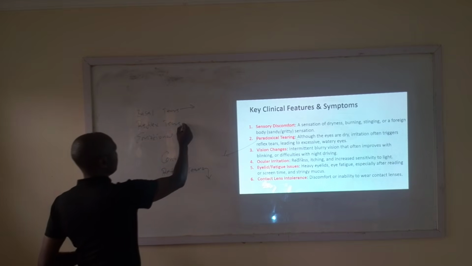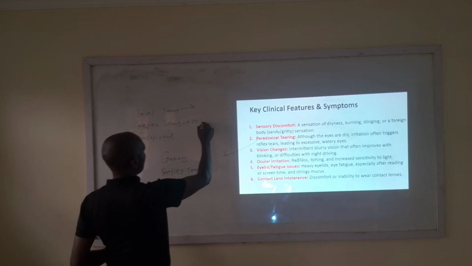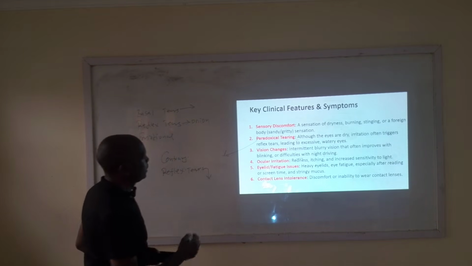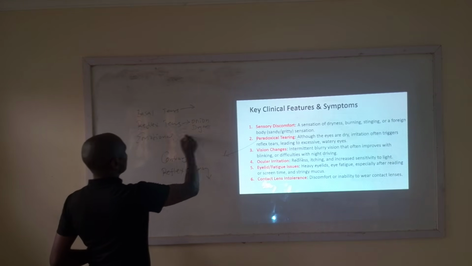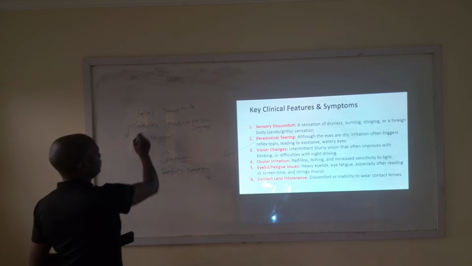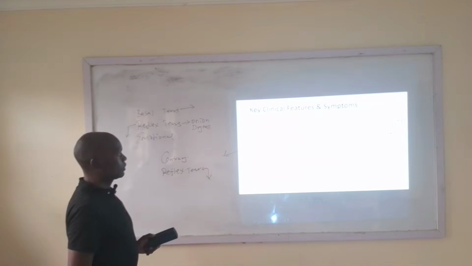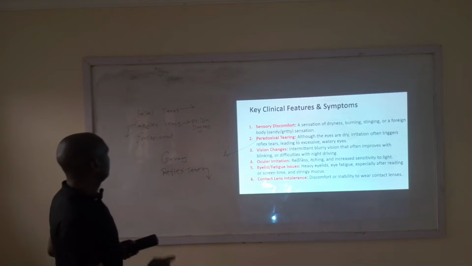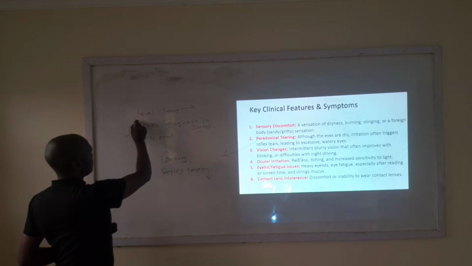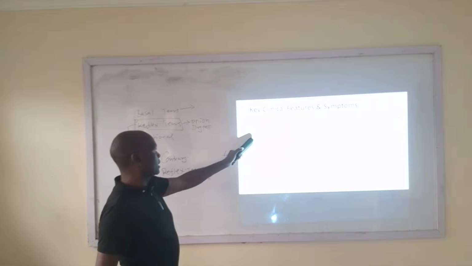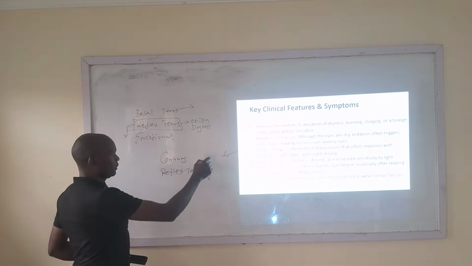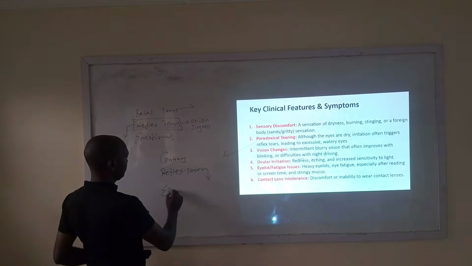It can be onions, that is an example, and it can also be due to dryness. So this one is produced when there's a problem. When you have dry eye syndrome, it will be produced in large quantities, and these patients will have excessive production. Sometimes we call it epiphora.